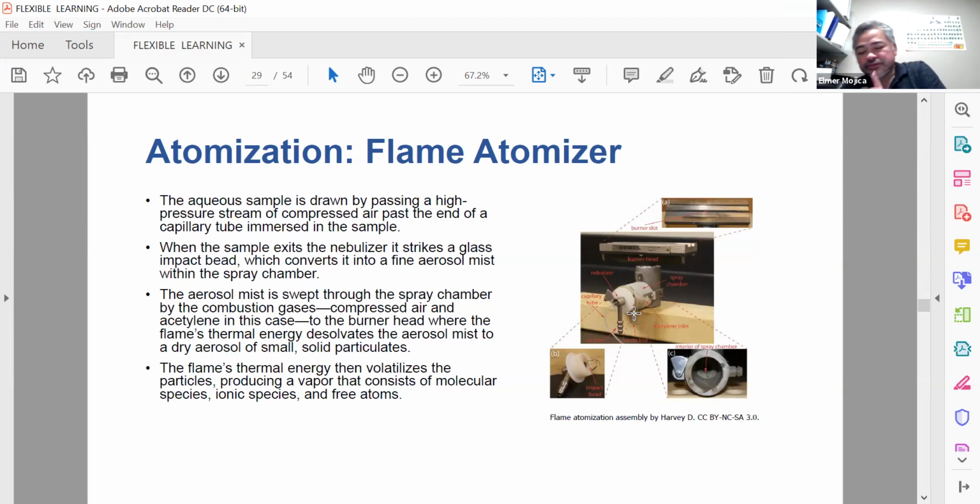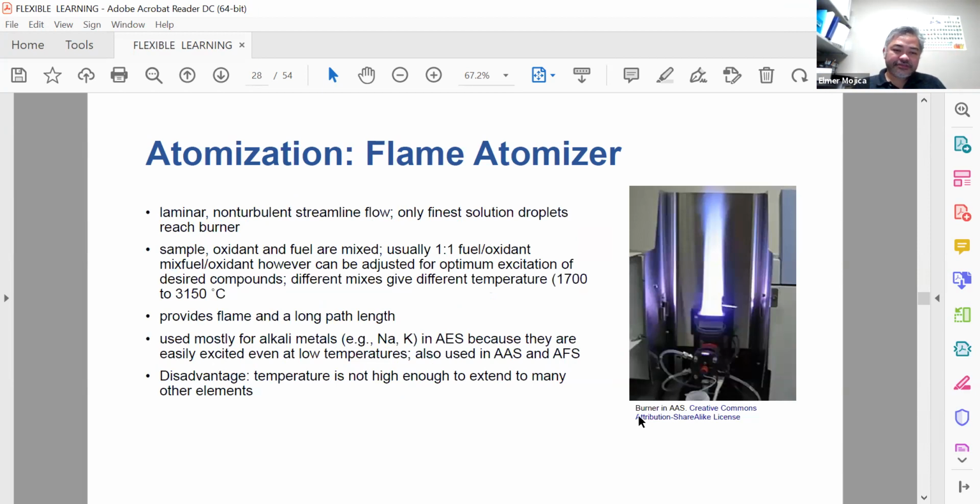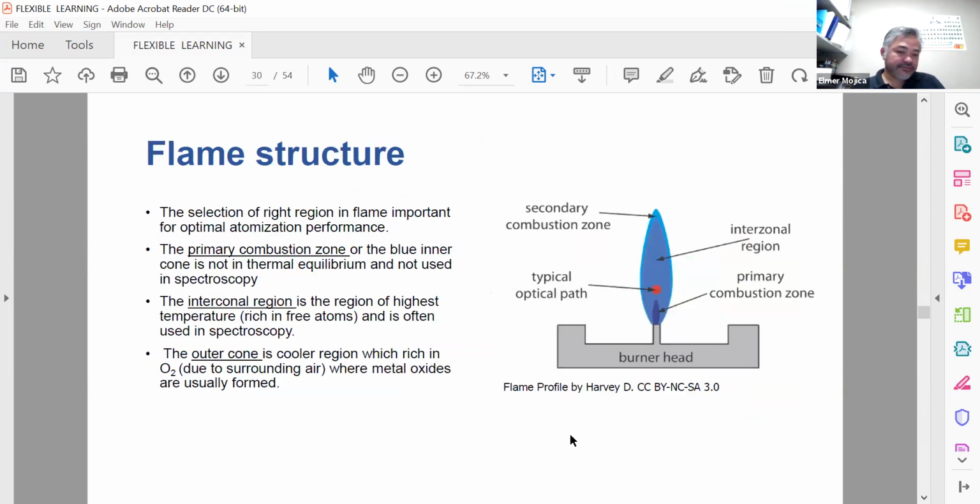Now the flame's thermal energy volatilizes the particles, producing a vapor that consists of molecular species, ionic species, and atoms. Okay? And if you look at the flame structure that you have here, the selection of the right region in the flame is important for optimal atomization performance.